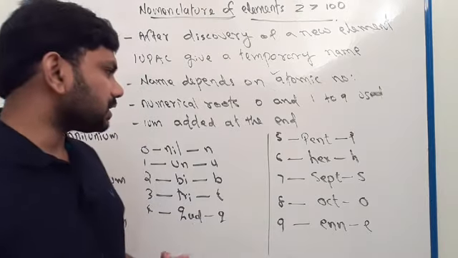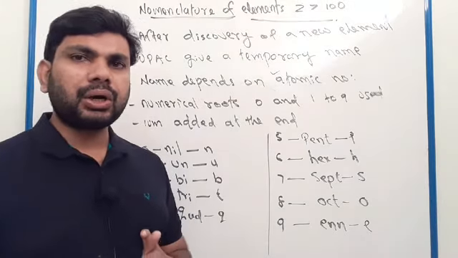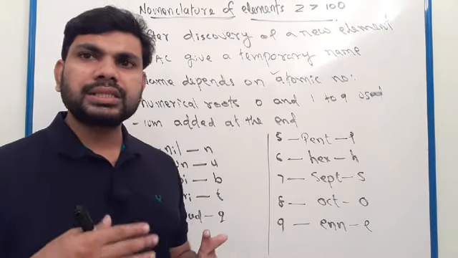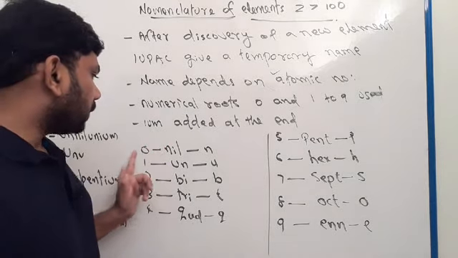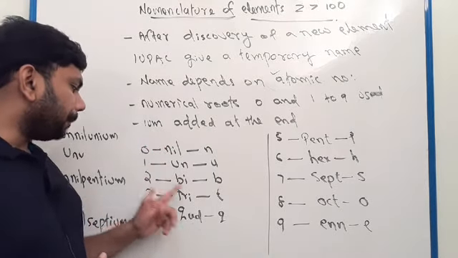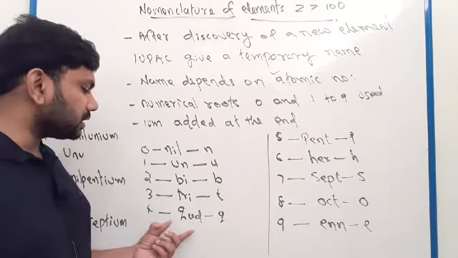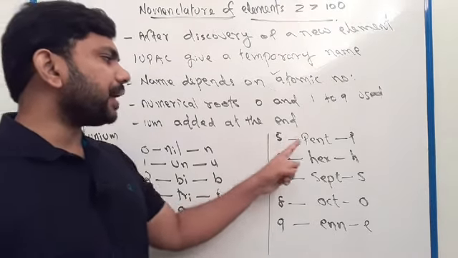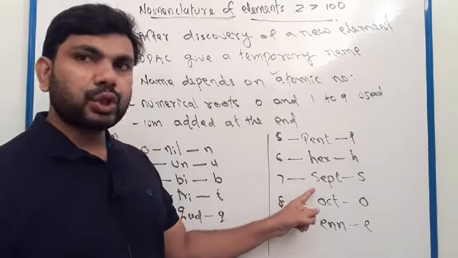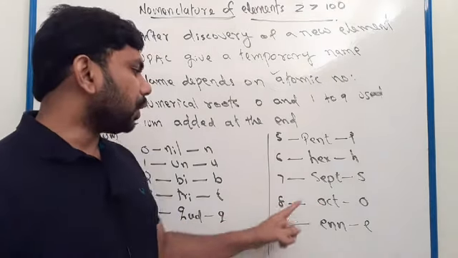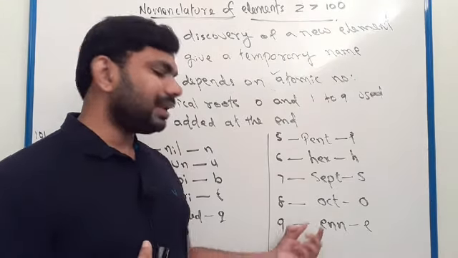Something like this you learned before in organic chemistry. It is similar but not entirely the same. There are some differences: 0 nil, 1 un, 2 bi, 3 tri, 4 quad, not tetra, here it is quad. 5 pent, 6 hex, 7 sept, 8 oct, and 9 enn.